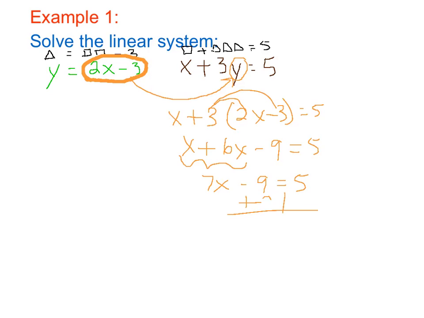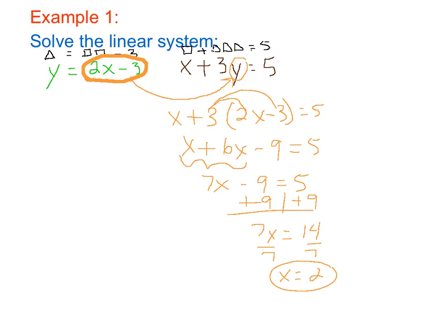We want to solve this two-step equation, so we're going to add 9 to both sides. So 7x equals 14. Divide both sides by 7, and we're finding out that the value of x is 2. Now with the x, we can substitute that into either equation to find the value of y.